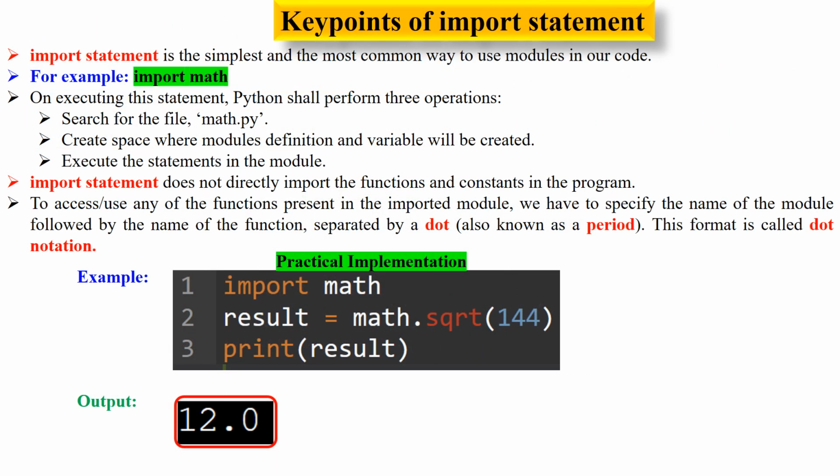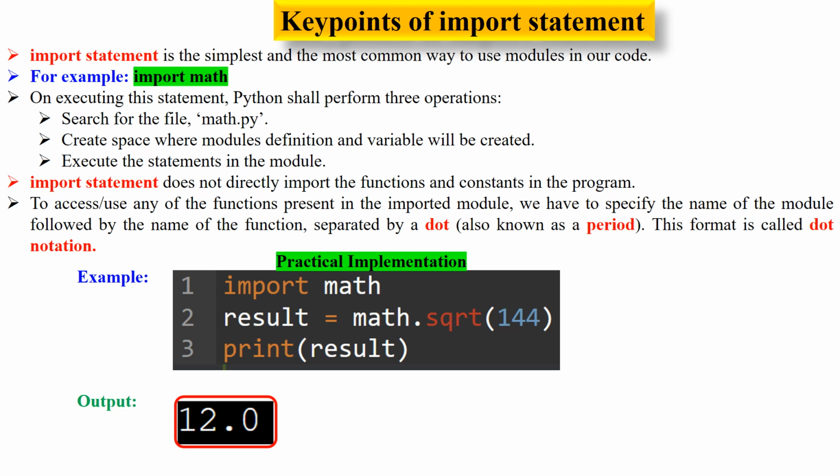Let's see the key points of the import statement. Import statement is the simplest and the most common way to use modules in our code. For example, import math. On executing this statement, Python shall perform 3 operations. Search for the file math.py. Create space where the module's definition and variables will be created.